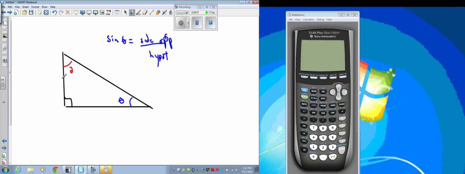So it would be this side over that one, right? Now, well, let me go ahead and letter these. I might revise this angle the way I do the notation.